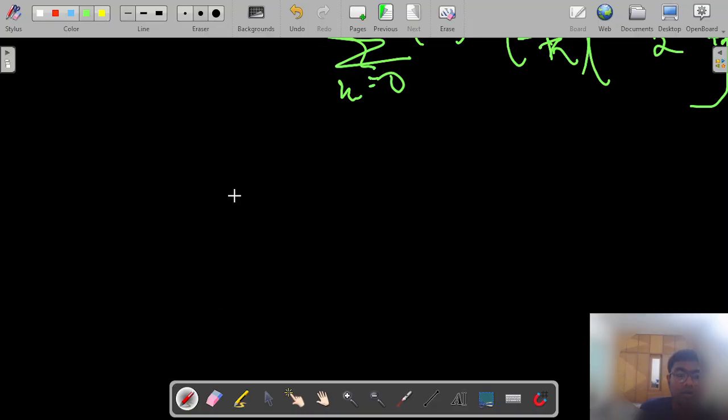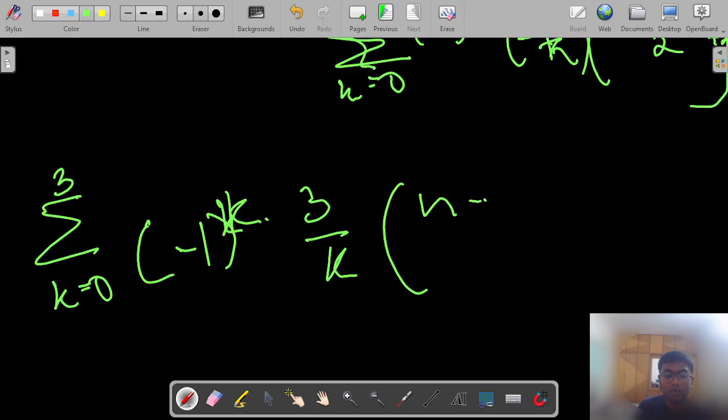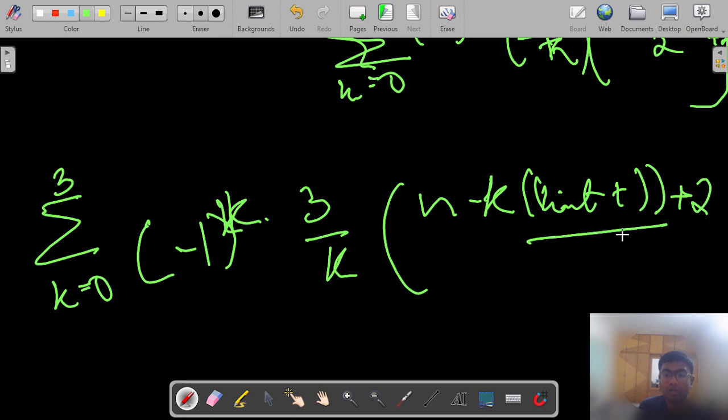So let me write it here again in a larger horizontal view. We would have summation k equals 0 to 3, minus 1 to the power k, 3 choose k, while n minus k times limit plus 1 plus 2 choose 2.